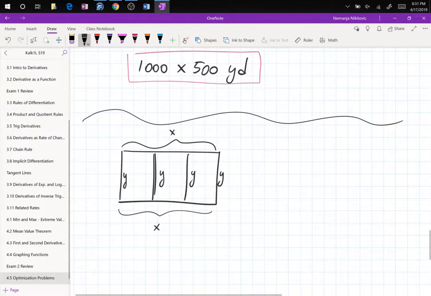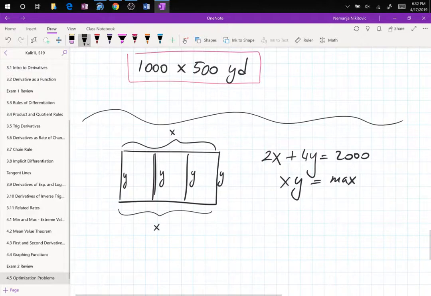So your job is to translate these words into, right, the geometry, the picture, and then you just go and solve the rest. So now we have 2x plus 4y is equal to 2,000 yards of fence, and we still want x times y to be max because we want to maximize the area.